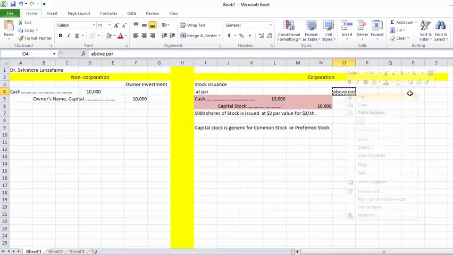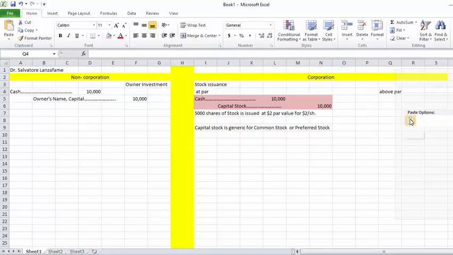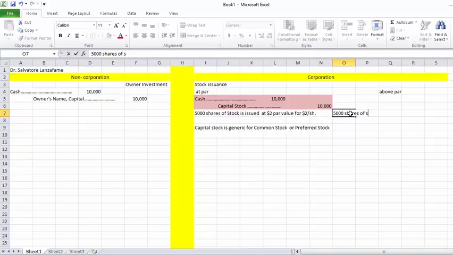If the stock is sold above par, let me give you some more information as far as that goes. It would be something along the lines of 5,000 shares of $2 par stock is issued at $5 per share.